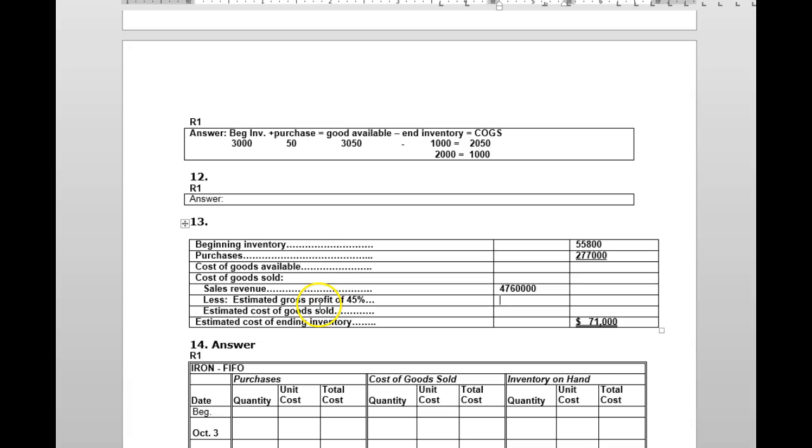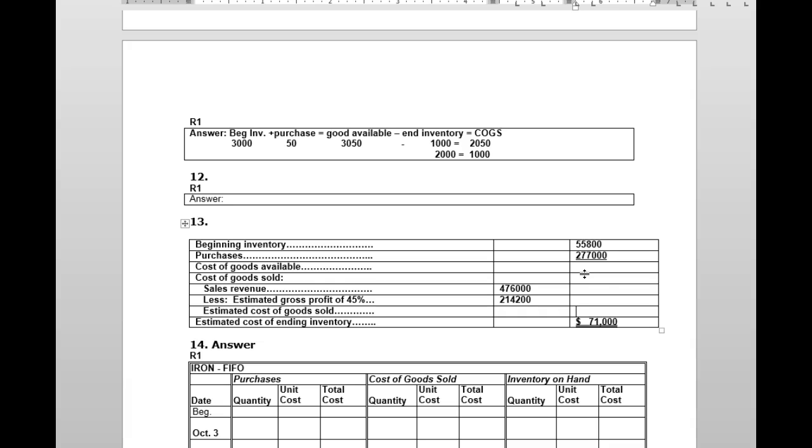So if your gross margin profit is 45% and you multiply that times the $476,000, I have one too many zeros, you would come up with the gross margin, and you could then deduct that. And that would give you your cost of goods sold. And ultimately then, you would use the equation of beginning inventory plus purchases gives you your goods available here.